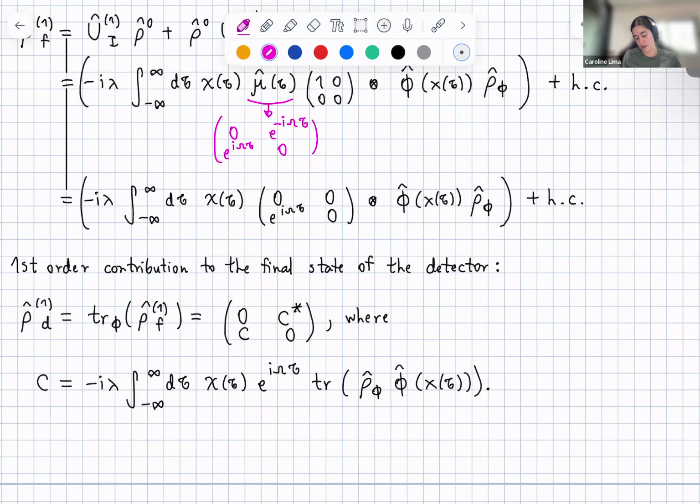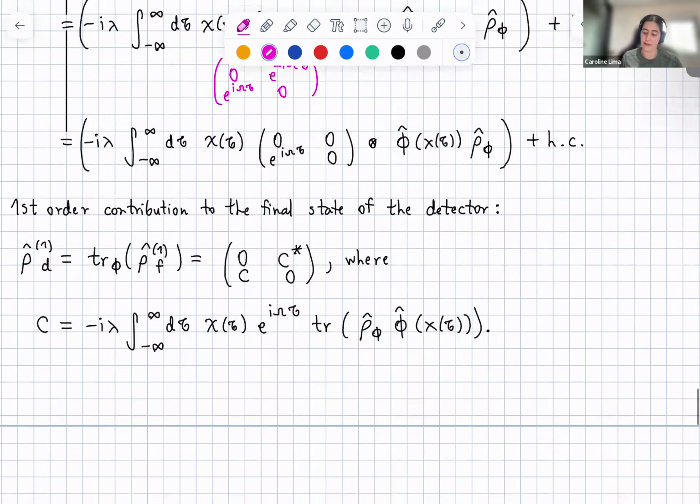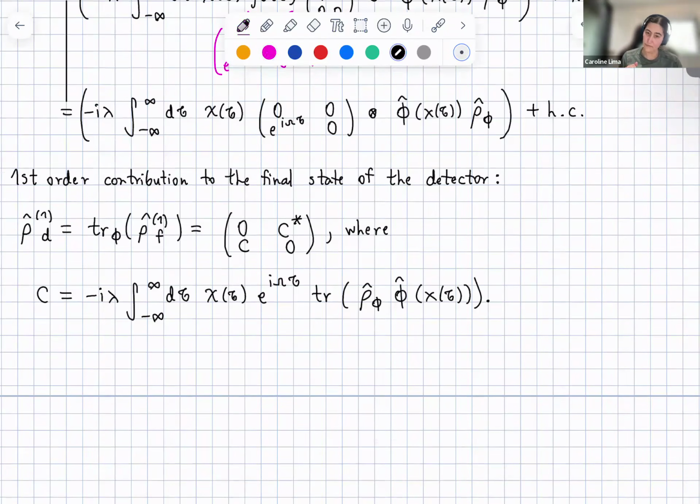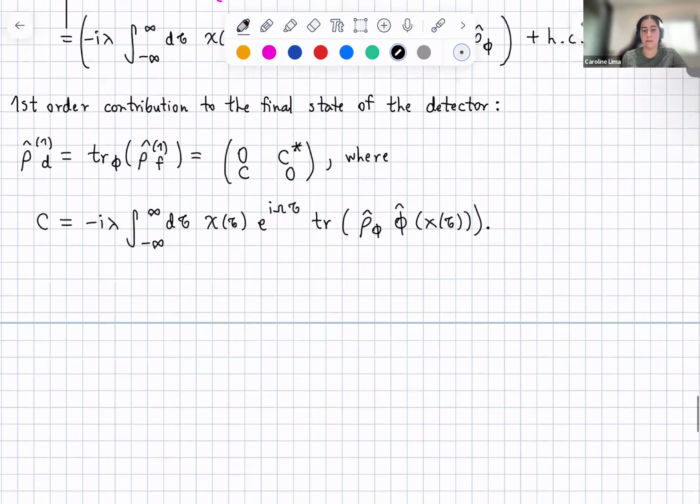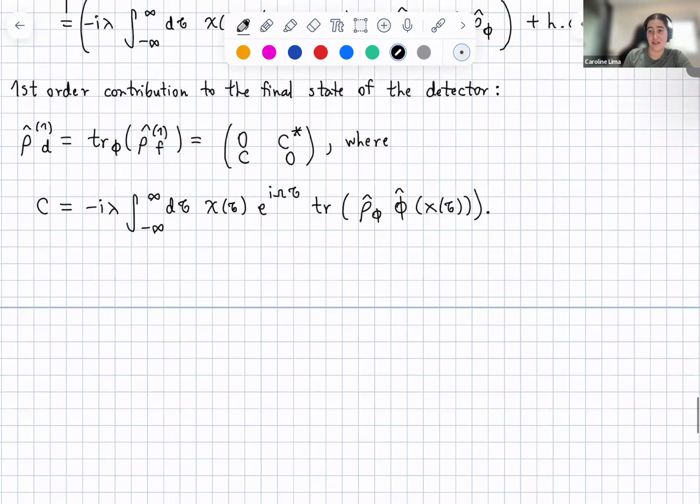And again, the trace gave me this part here. All right, so let's move on to the second order contribution unless you guys have questions. Sounds like you're good, or maybe I'm just too fast and you're not following. I don't know.